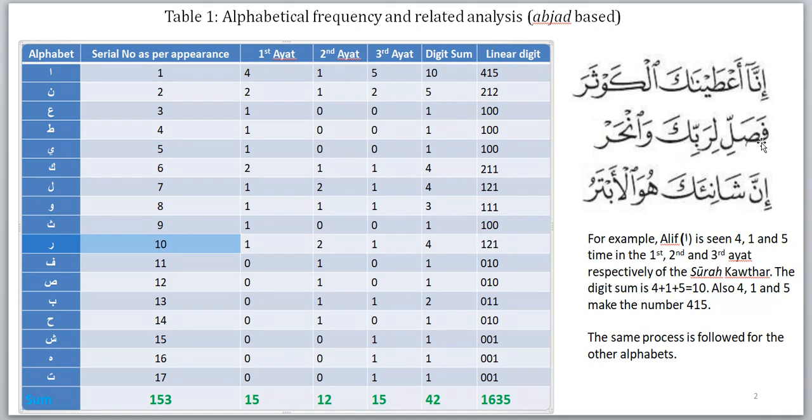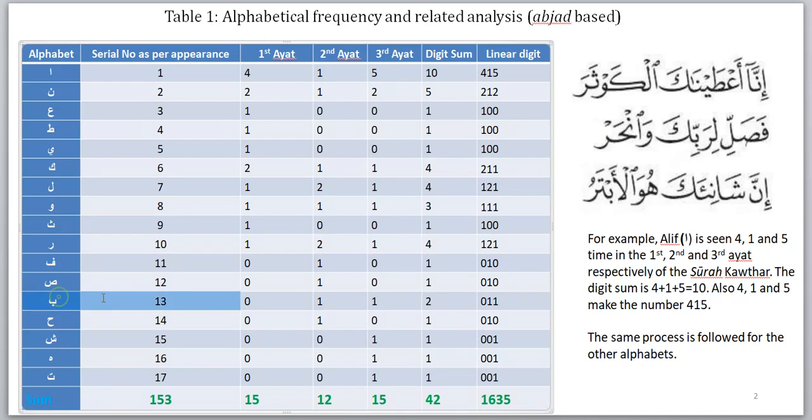In the next ayat, it will be Fasalli li Rabbika Wanhar. First fa will be at 11th place. Swad will be in 12th place. But here we see that lam exists, but since lam is repeated from the first ayat, in A'tainakal Kawthar, where lam was in seventh place, we will not place lam after Swad.